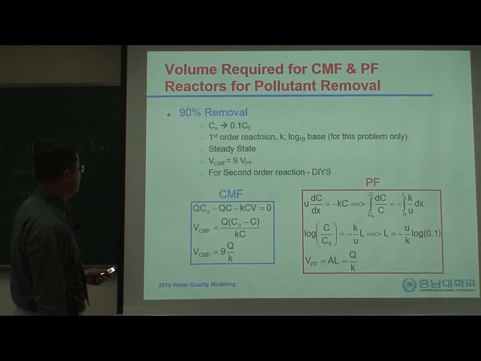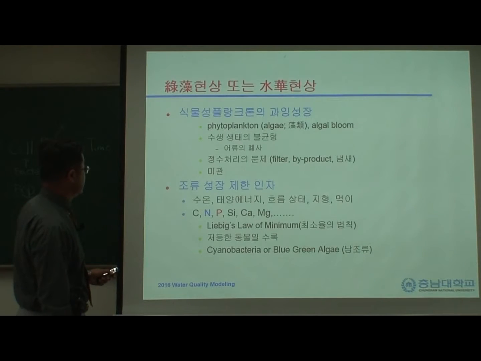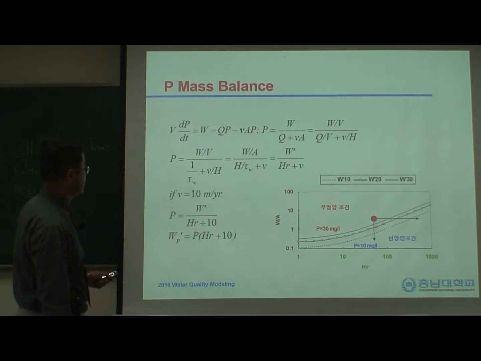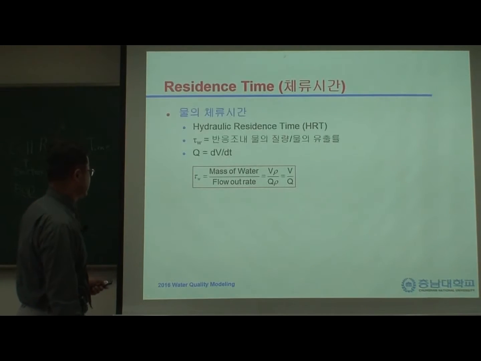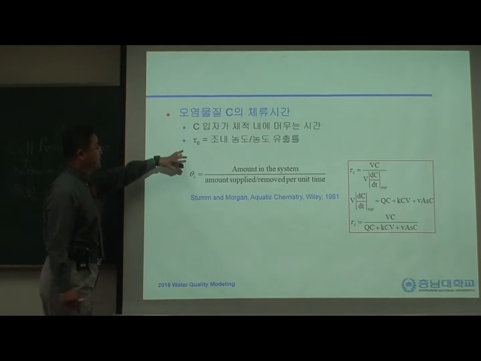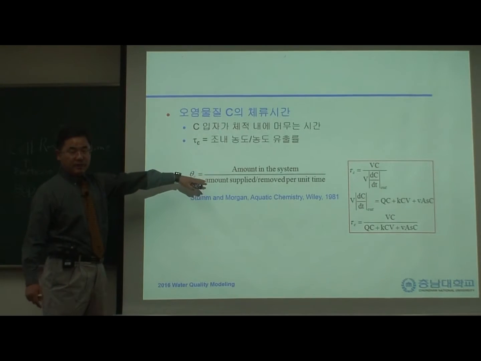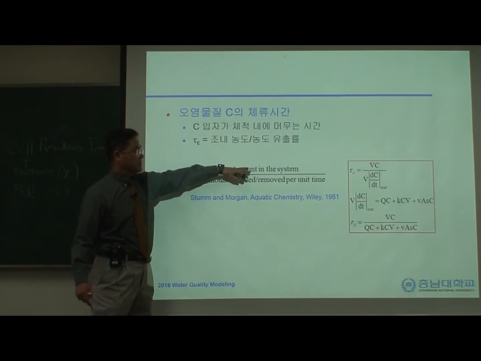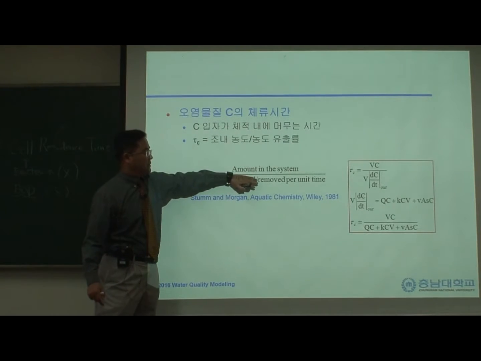Oh, yeah. Okay. Since we started with cell residence time in your activated sludge system, let's say, this theta is defined as the amount in the system divided by the amount removed per unit time.